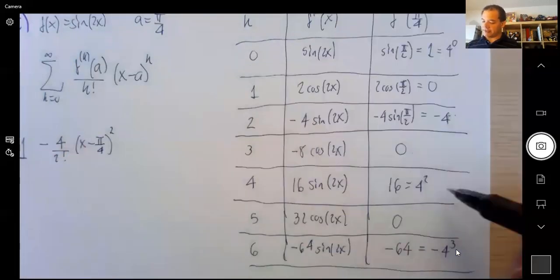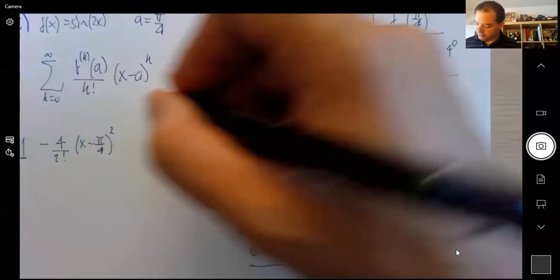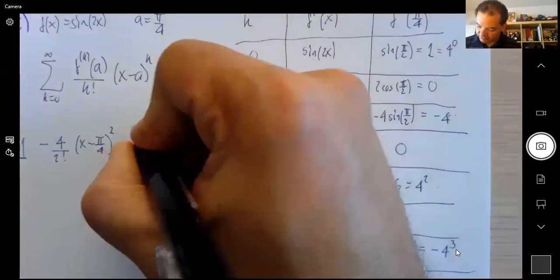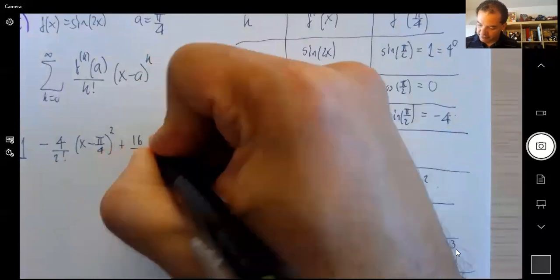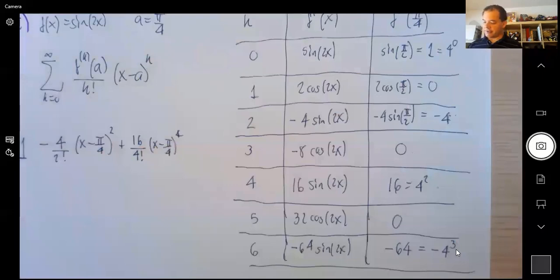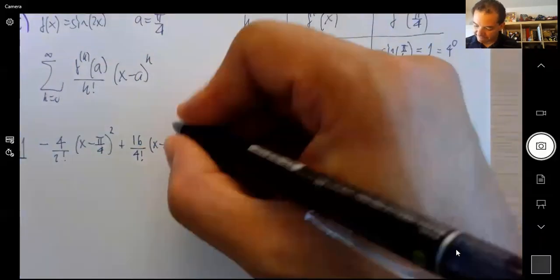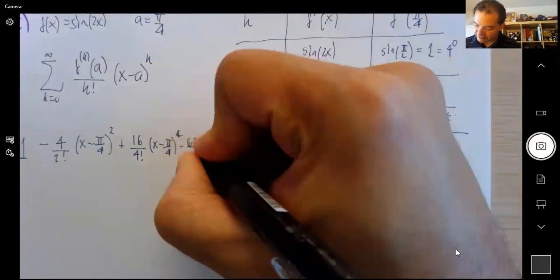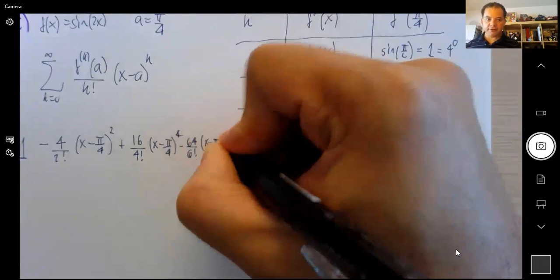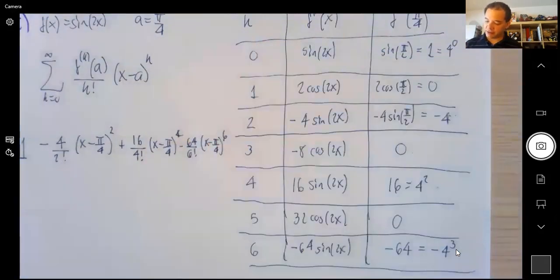The fourth one is 16, so it goes plus 16 over 4 factorial, x minus pi over 4 to the 4th power. Then the fifth one is 0, and the sixth one is negative 64 over 6 factorial, x minus pi over 4 to the 6th power. All right, and then dot, dot, dot.